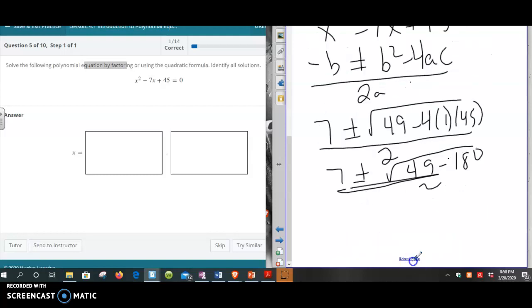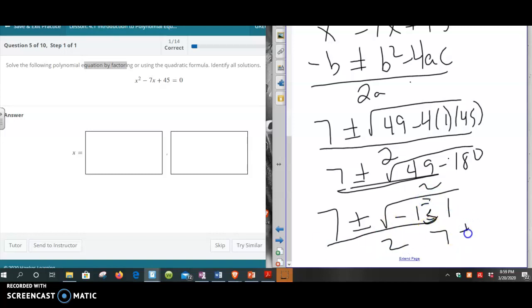It looks like I'm going to get an imaginary answer, so I'm going to get some a's and b's. So I'm going to get 7 plus or minus the square root, and we just figured that out. It's going to be negative 131. Sorry about that 3 there. Over 2. And so those are our two answers.